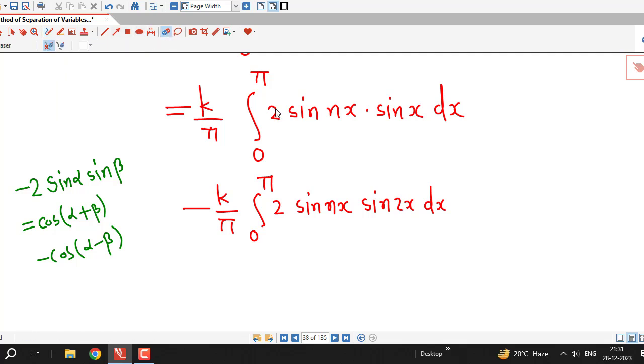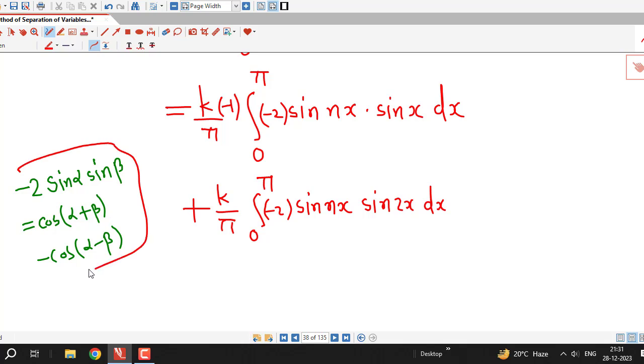I can rewrite this as, here I am writing minus 2, and that I adjust with this one, I multiply with the negative sign, and this I can rewrite by taking the negative sign inside the bracket so that I can use this formula. Now I am using this formula. This is k by π as it is, integral from 0 to π, and here I have minus 2 sin α sin β with α equal to nx, β equal to x.